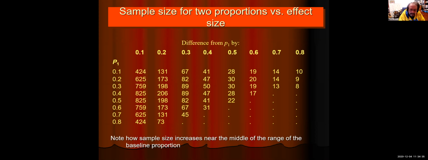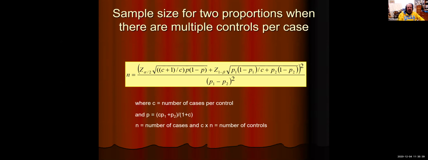And then sometimes we do studies with multiple cases per control, particularly when you're doing a case control study, for instance, if you're doing an epidemiological study where you have, say, an outbreak of a disease or an outbreak of some unusual event in a neighborhood, and you want to determine what the cause might be, you're going to go out and look for matched people that have similar characteristics to the individuals, let's say, living in that geographical area, and then to see whether this has anything to do with locale, or in a famous case like the one in Central California from 30, 40 years ago, where drinking the water caused a very unusual type of cancer to break out.